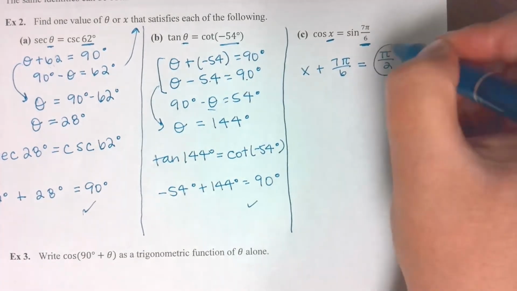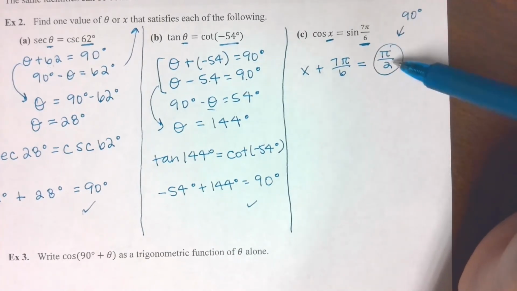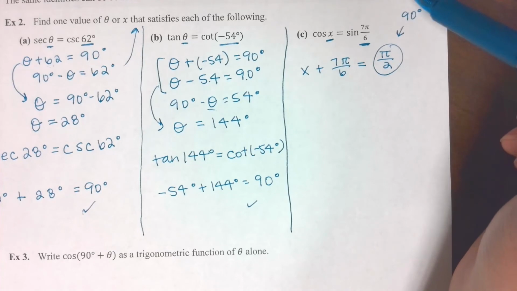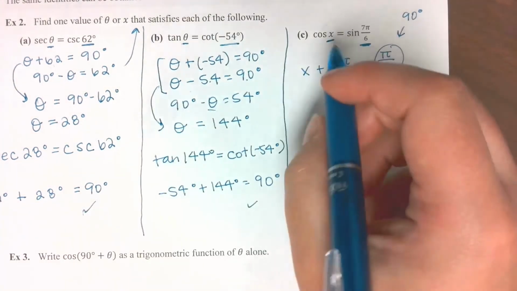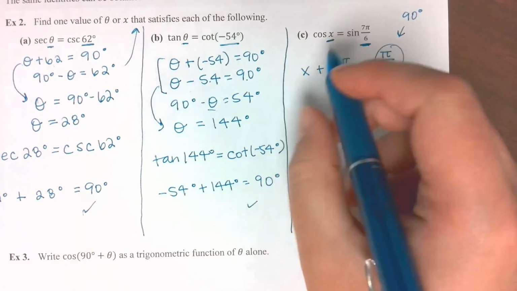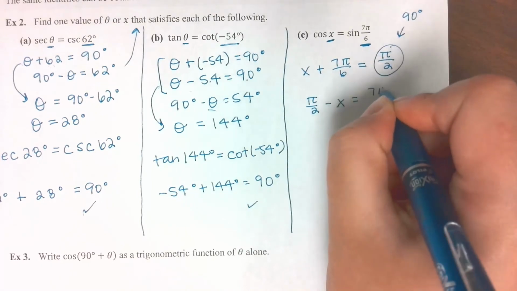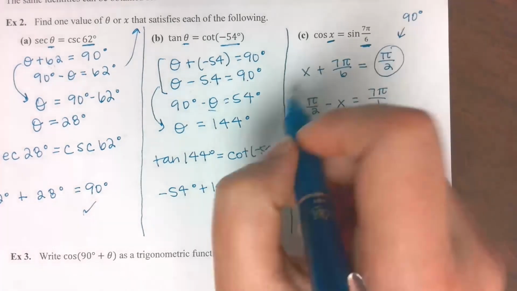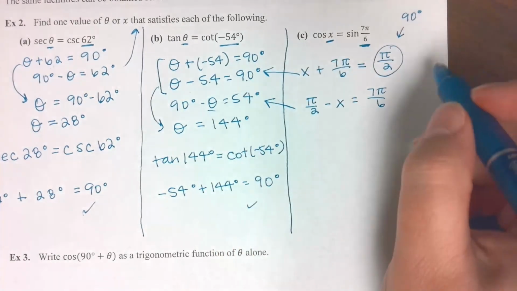We're using pi over 2 now instead of 90 degrees; they are the same measure, just one in radians and one in degrees. Or going back to the other form, pi over 2 minus x equals 7 pi over 6. Either way you want to write it, same idea.